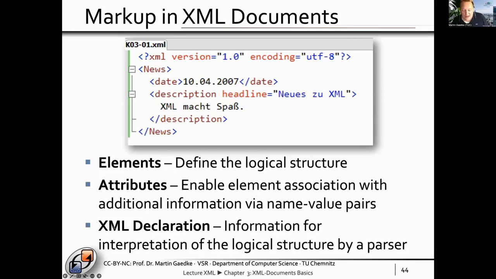What you also see is the XML declaration at the very beginning of the document, this line, which describes how the parser should interpret the rest of the following text lines, the text encoding, and which version of XML should be used.